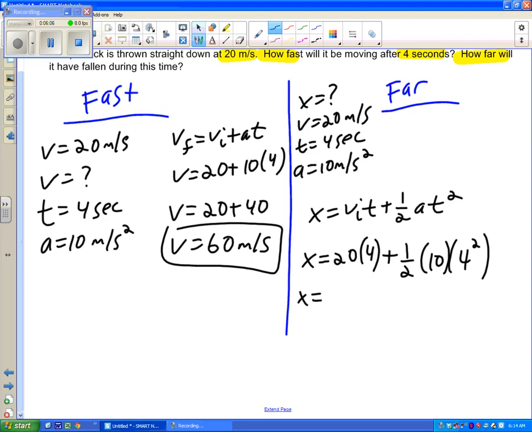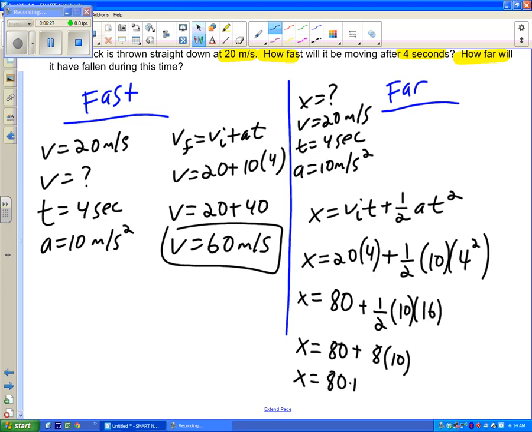So that's going to give us 80 plus 1/2 times 10 times 16. I'm going to do the same thing I did on the last problem. I'm going to do half of the 16 first. Get 8, and that 10 still stays there. So I get 80 plus 80, which equals 160 meters.